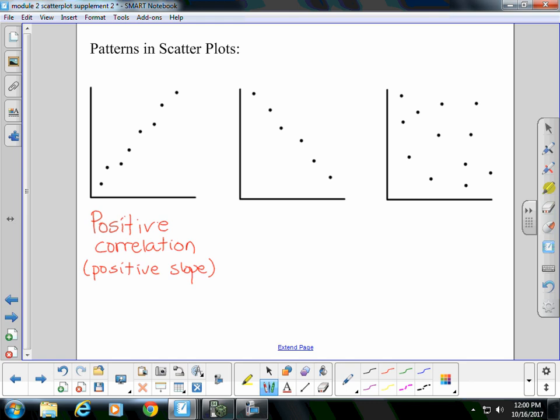In the case of the second graph, this would have a negative correlation or a negative slope. In the case of the third graph, the points are scattered all over the place and there would be no correlation.